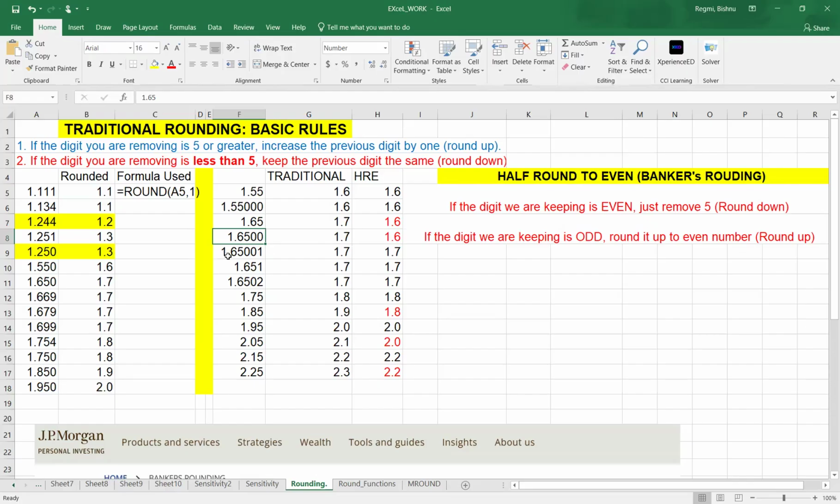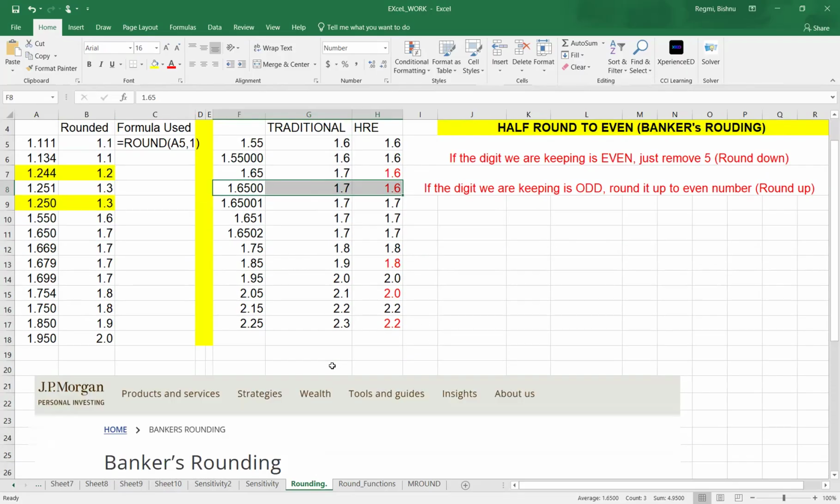However, if we have 1.65001, this is more than halfway, so we round to 1.7. But 1.6500 we round to 1.6.